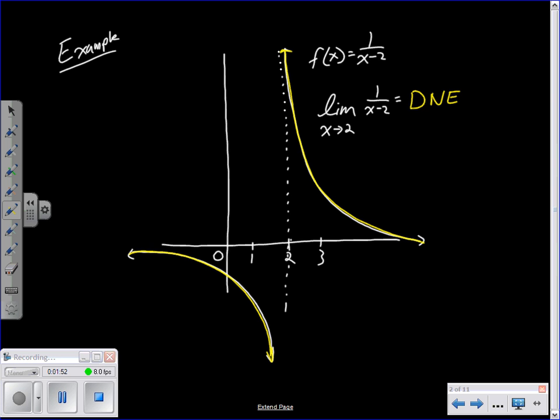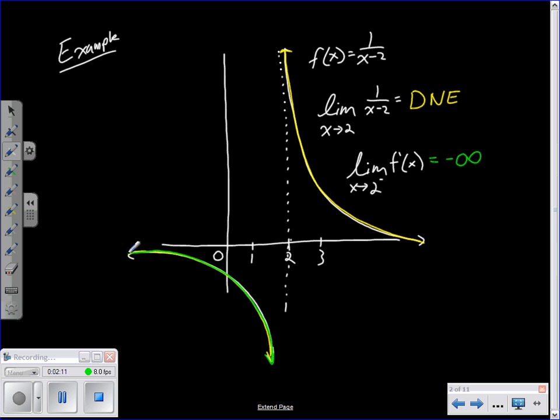But what if I wanted to find the limit as x approaches 2 from just the left-hand side? So I take this function, and as I go from the left-hand side, my function is going down forever toward negative infinity. So my limit here is going to be negative infinity.